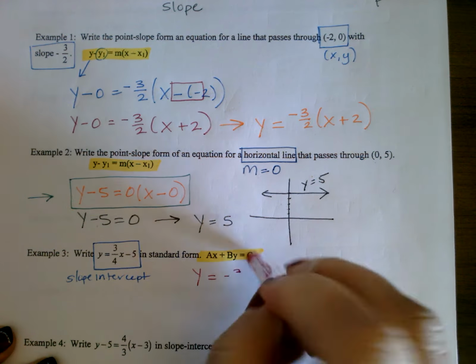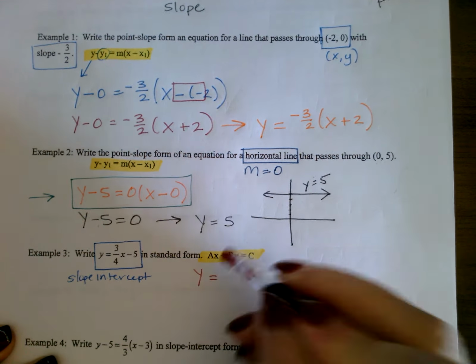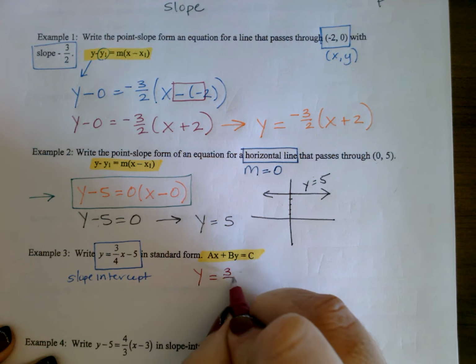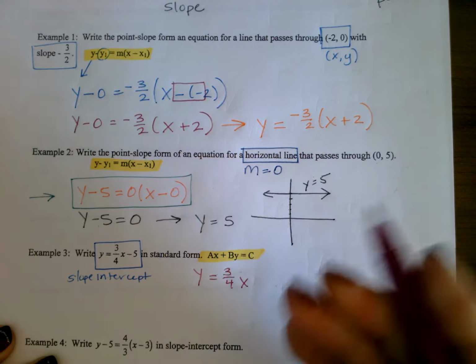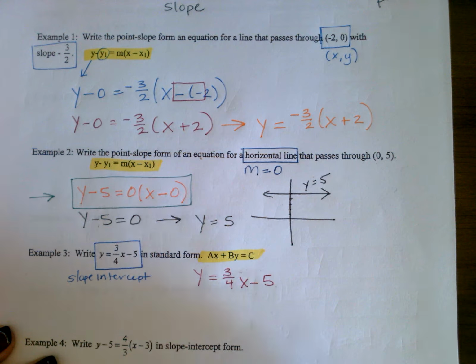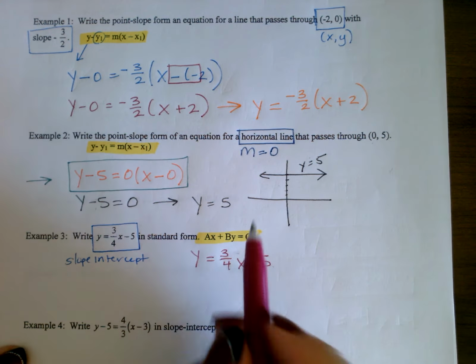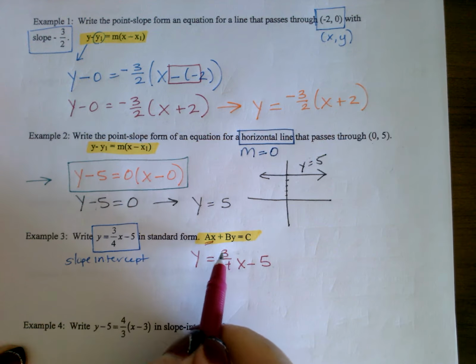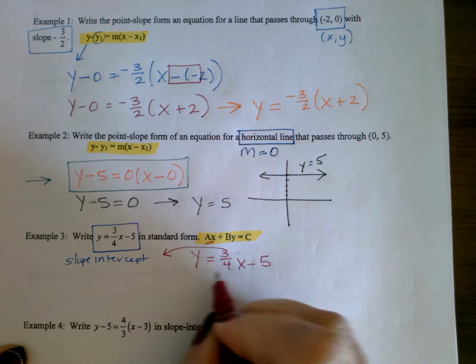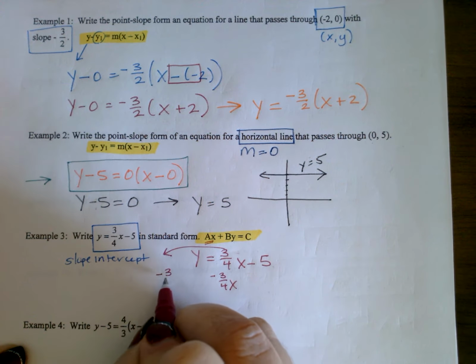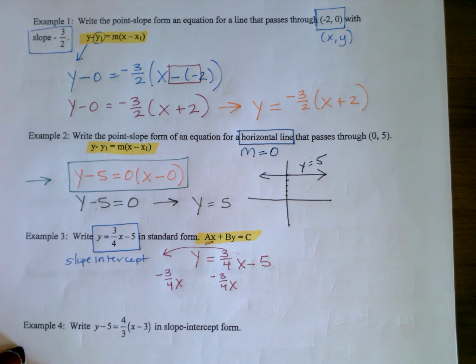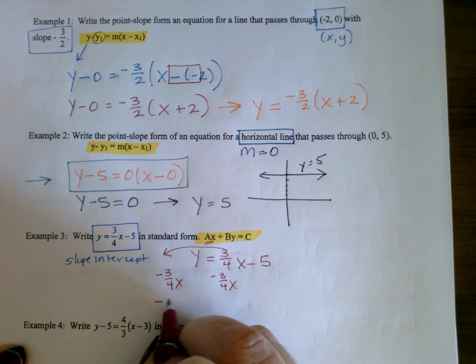First thing I'm going to do is I'm just going to rewrite it so you can see, as I manipulate it to move things around, what I'm thinking. I need to get the x's over here, so I would subtract 3/4 x from both sides.